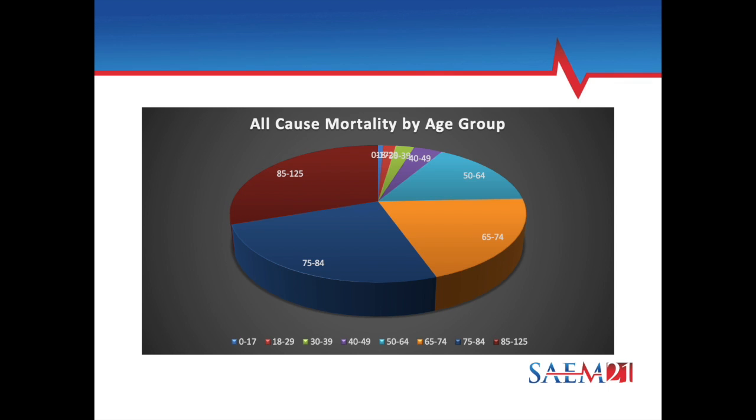In addition to this, one of the things we looked at is from the March 31st, 2021 database. As we can see, 75 to 84 and 85 to 125 take up almost the end of the pie.